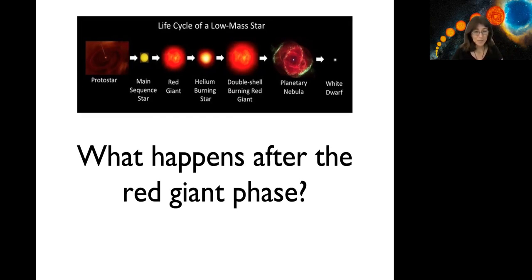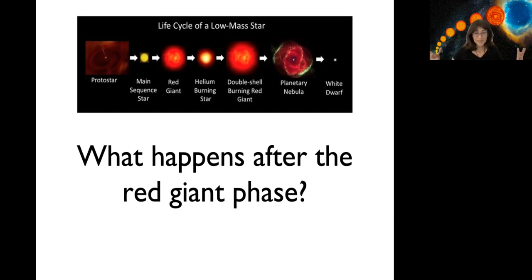When that's over, the core can't fuse anymore because it's all helium. And so it begins to shrink and it gets hotter. And then there's a shell around the core that begins to fuse the hydrogen that is still outside of the core. It begins to fuse that hydrogen into helium. That is not a stable way to fuse hydrogen. So we will see today, anytime that a star fuses any element really, but hydrogen outside of the core, things go out of equilibrium.